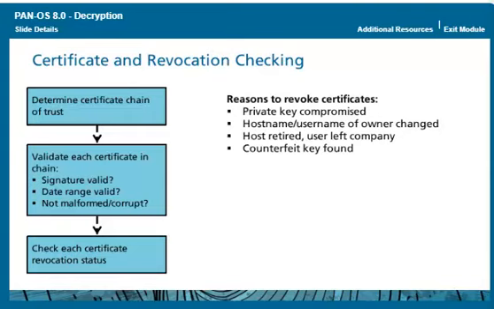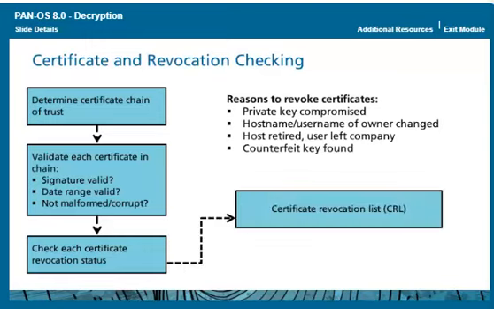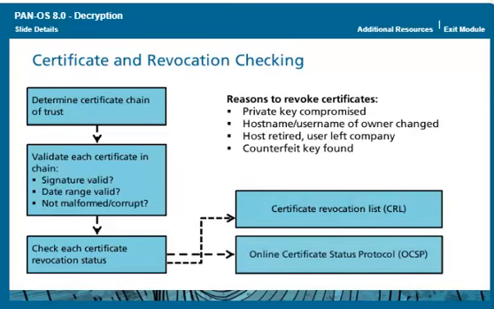Two tools are available to check certificate revocation status: Certificate Revocation Lists, or CRLs, and the Online Certificate Status Protocol, or OCSP. A firewall can use CRL or OCSP to verify certificate revocation status for SSL decryption.